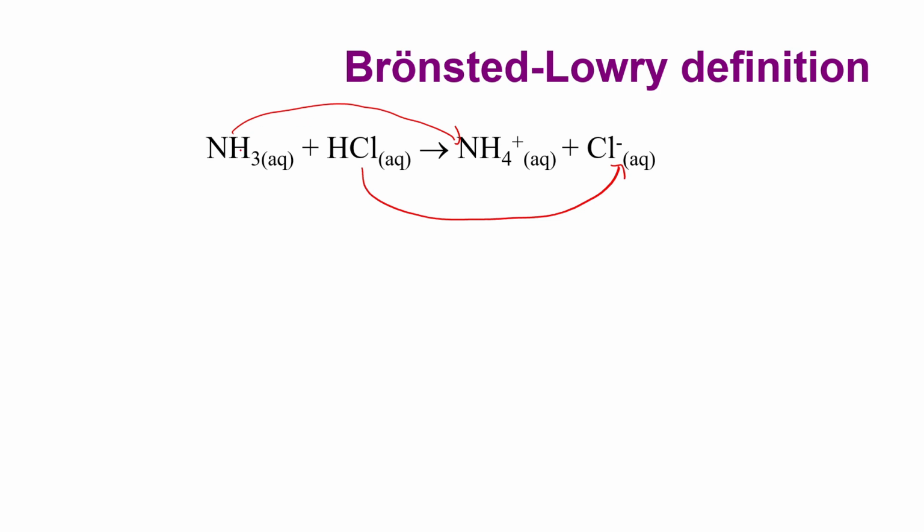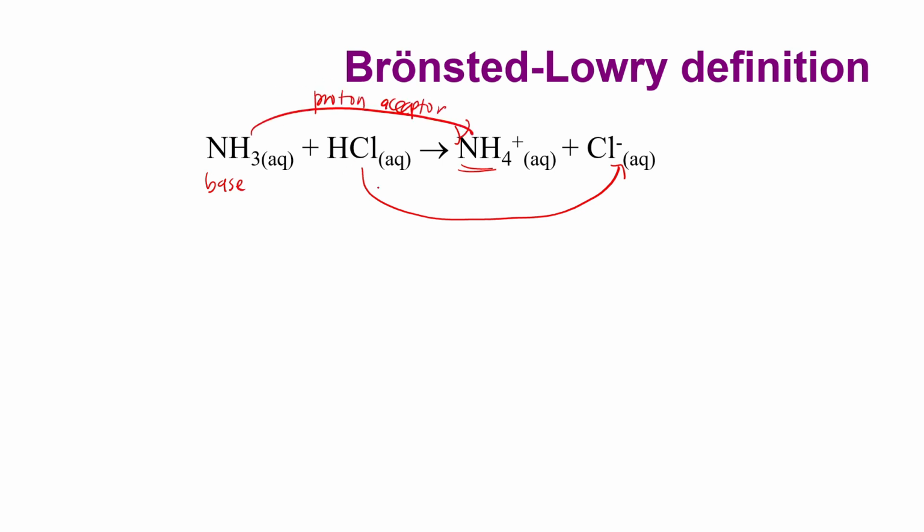So kita compare NH3 dengan NH4 plus, meaning yang ini receive satu hidrogen. So kalau receive satu hidrogen, dia ialah base. Ni ialah base because NH3 ialah proton acceptor.